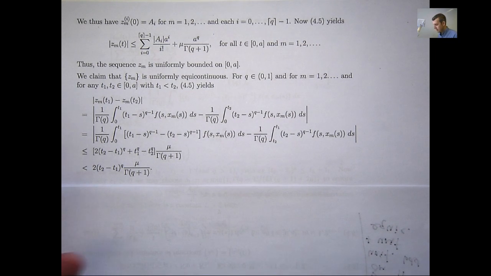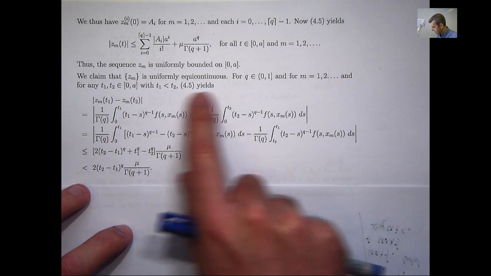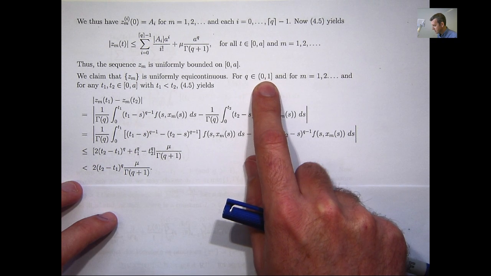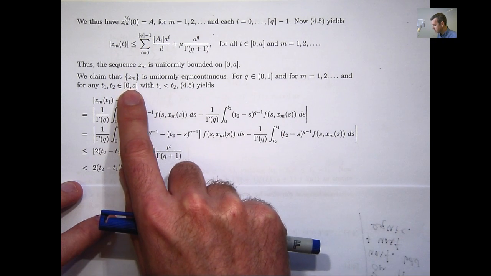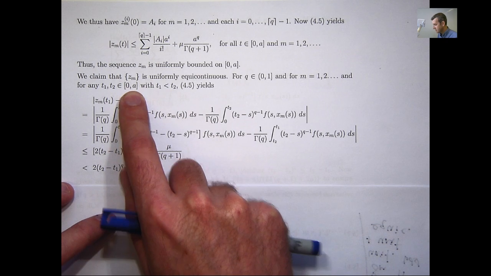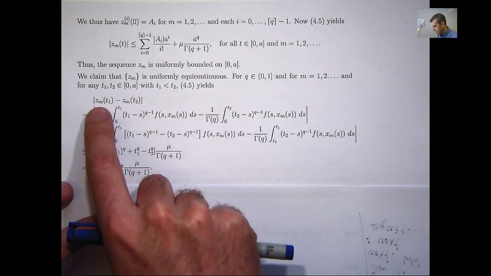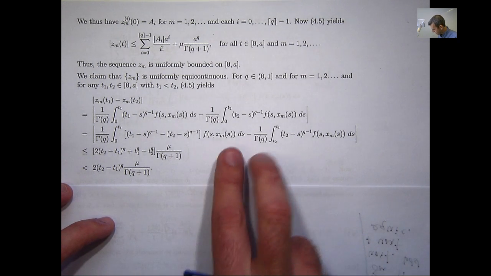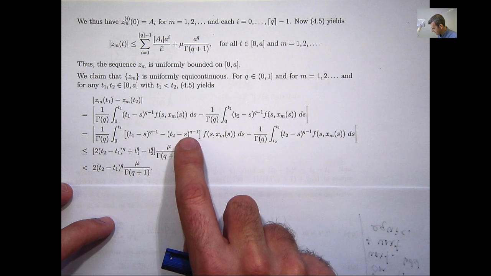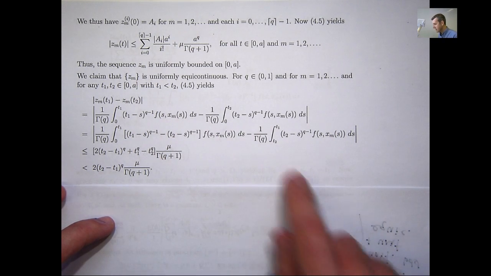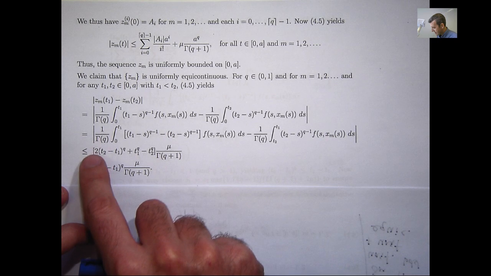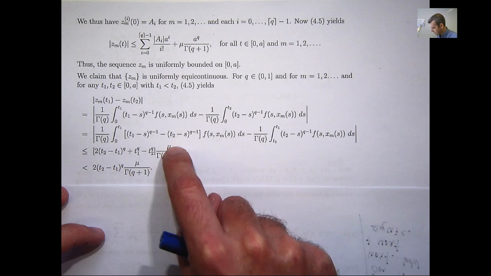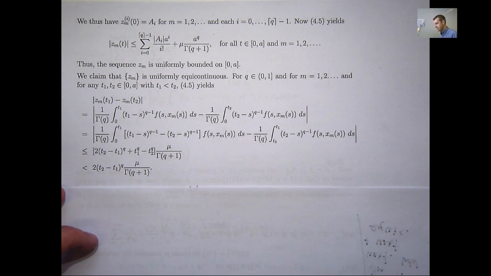Okay, well, this is quite long, but I'll just give you a flavour of it. So we break it up into two different cases, q greater than 0 and less than or equal to 1. Suppose t1 and t2 are points in this interval with t1 not equal to t2. Well, if you just take one of these away from the other, and then with a little bit of algebra, I think what's happened is we've added in something, come up with the following, because f's uniformly bounded, so that's where the mu comes from, and you can get down to here.